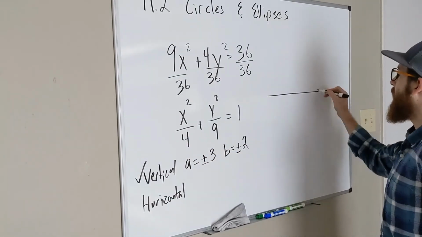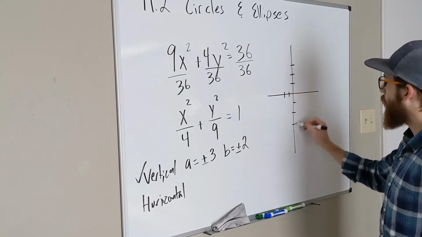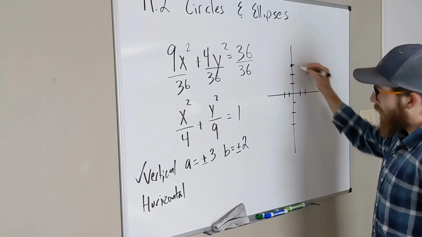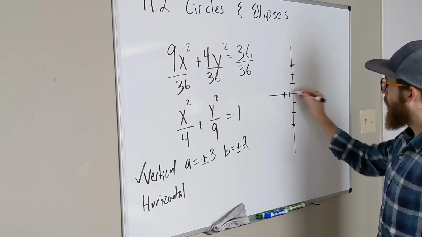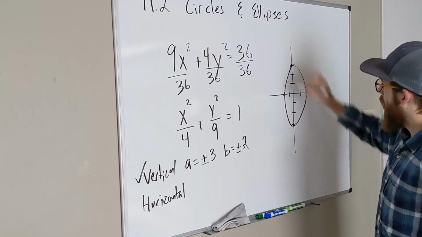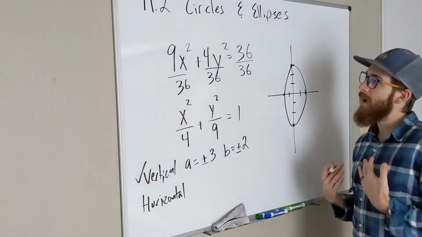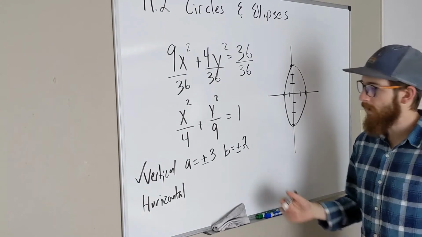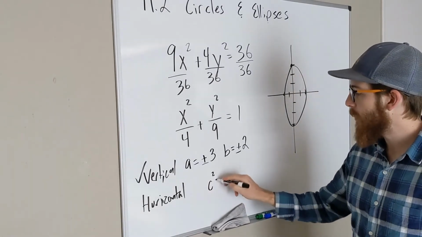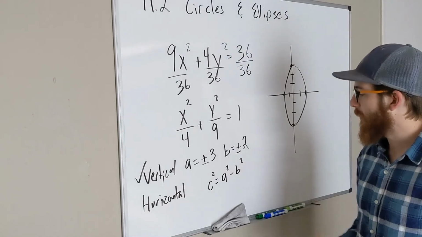Okay, so now I have a start. 1, 2, 3, 1, 2, 1, 2, 3, 1, 2. So I know that my points are here. Okay, that's maybe a little bit better of a drawing. But what if I want to find the foci as well? I need to remember that c squared is equal to a squared minus b squared.